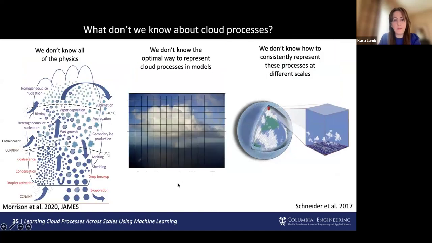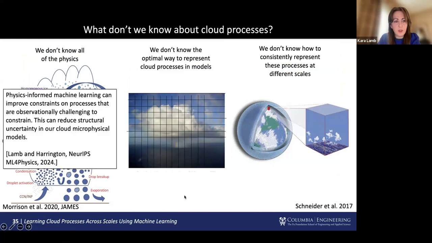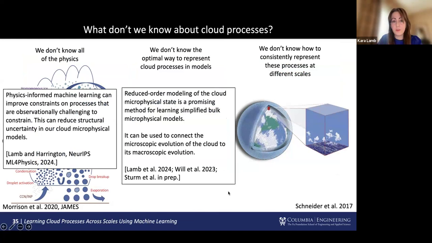So I've talked about a lot of things, but I'll just quickly summarize. We've been looking at methods like physics-informed machine learning to improve constraints on microphysical processes that are observationally challenging to constrain, which can help us reduce some structural uncertainty in our cloud microphysical models. We've also been exploring approaches like reduced order modeling to develop simplified bulk microphysical models.